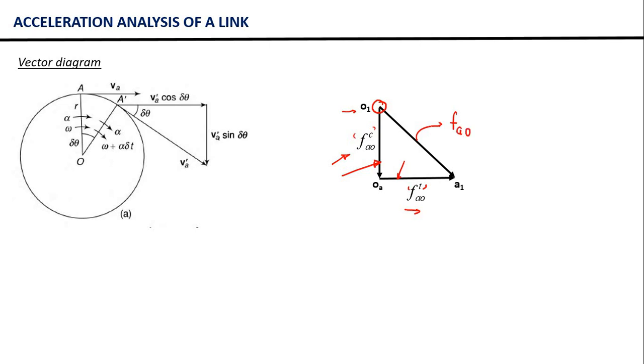This is the resultant vector FAO, the resultant of two components, one is FAOC vector and another is FAOT vector. So here O1A1 is representing the acceleration of point A relative to O.